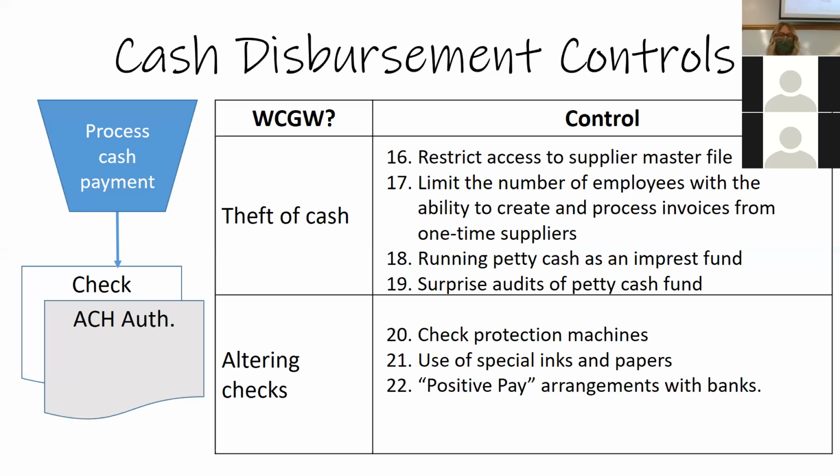And then finally, some controls related to altering checks: keeping the check machines protected, using special inks and papers. You'll notice when we looked at that pretend check from my audit simulation, it had that watermark that you saw.